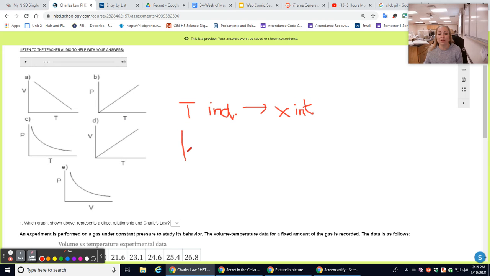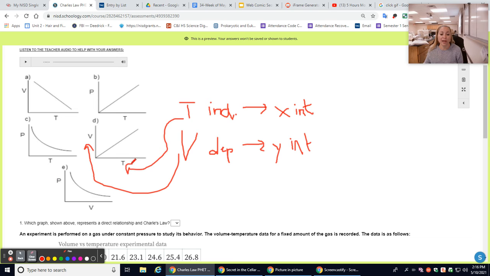And then volume is your dependent variable, so that's on the y-axis. Of course, the best answer would be this one. That's your y, and that's your x, and you see how the line goes up like a straight line. Okay, so that's important as well. As you increase the temperature, the volume will increase, so it should be a straight line going up.